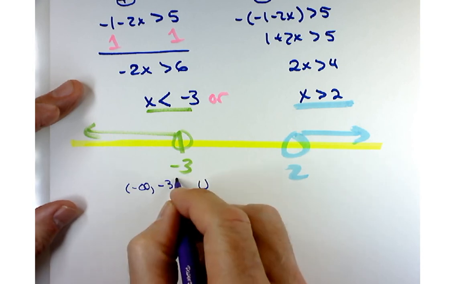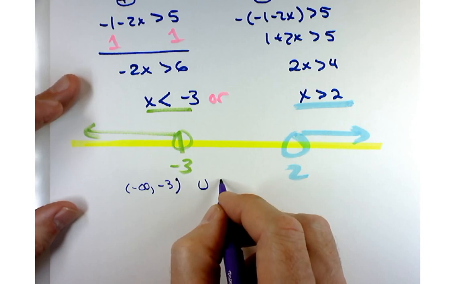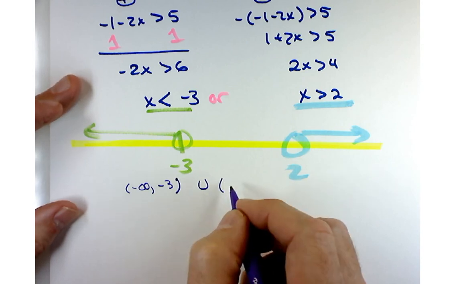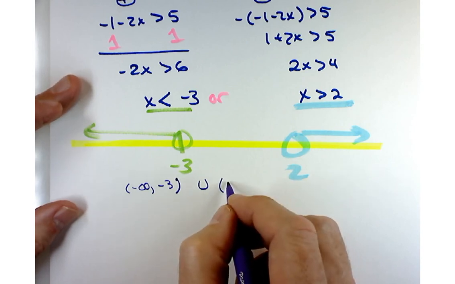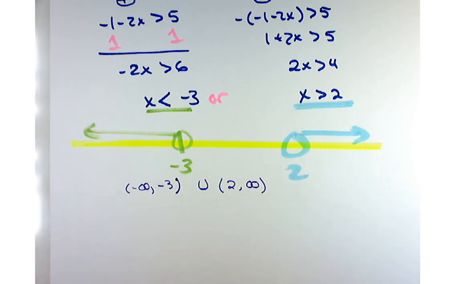Parentheses. Parenthesis, yeah. And then union. Keep going. So it would be also parentheses 2, comma infinity. Good. And infinity and negative infinity always get a parenthesis. Awesome. Thank you.